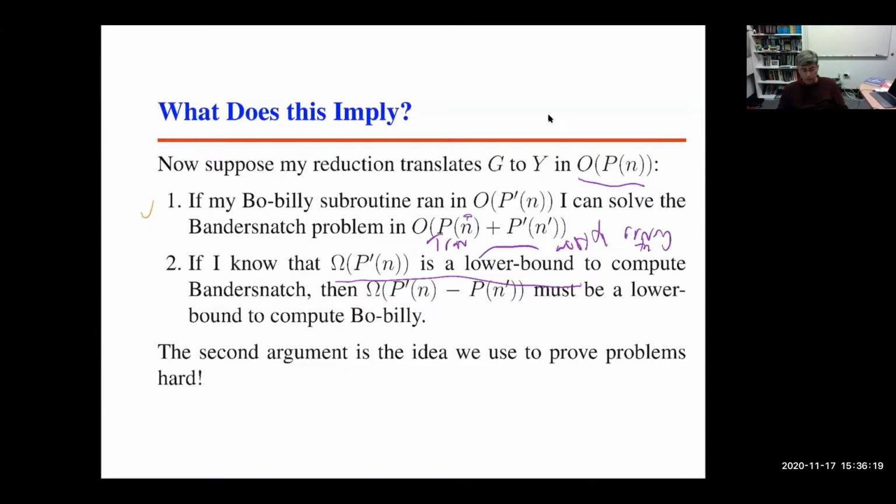Okay, let's make this clear. Suppose I tell you that Bandersnatch must always be greater than or equal to something like order 2 to the n. Okay? There's no non-exponential time algorithm for solving Bandersnatch. Suppose I know that.